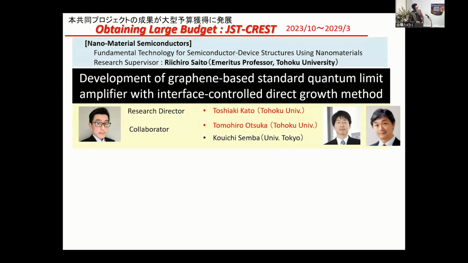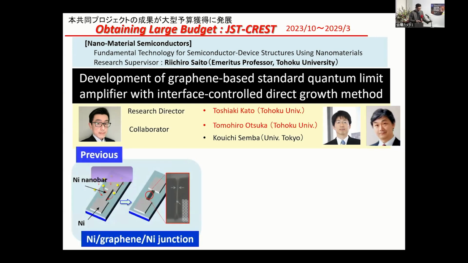In this project, I'm the director, and Professor Otsuka has joined as a collaborator, together with Professor Senba at the University of Tokyo. What we want to try to do is fabricate very specific amplifier devices using the graphene nanoribbon structures.